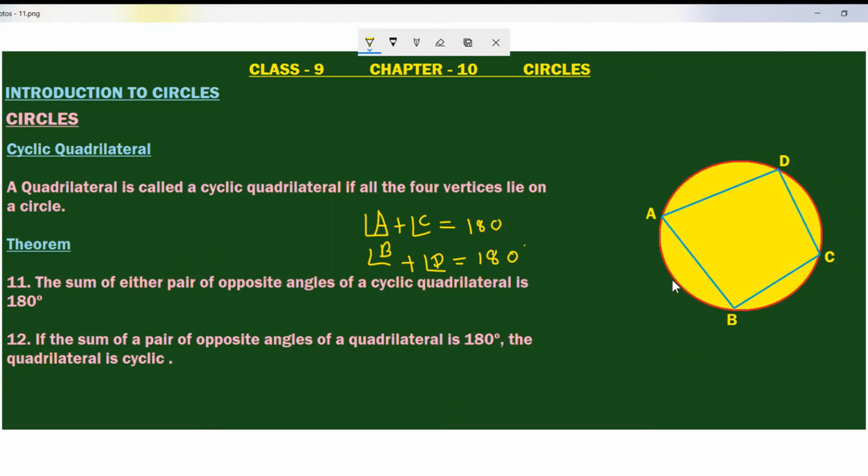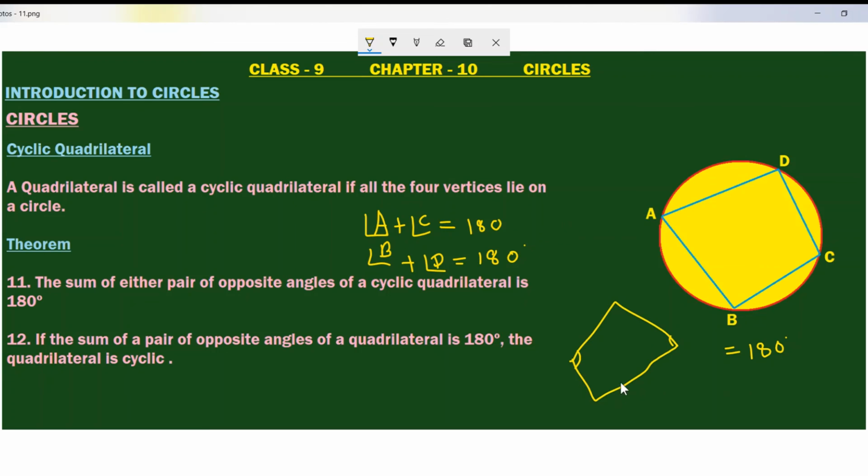Suppose sometimes they won't give the circle, they will give only some quadrilateral. Okay. If you add opposite angles of the quadrilateral and the sum is 180 degrees, then you can say that quadrilateral is a cyclic quadrilateral.